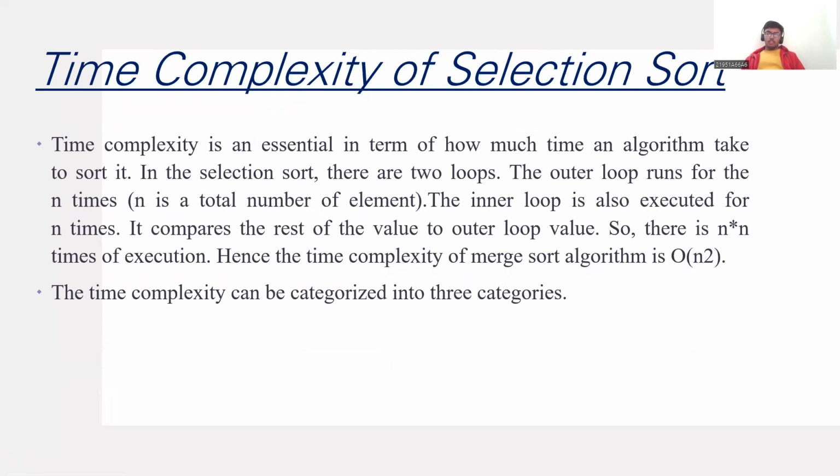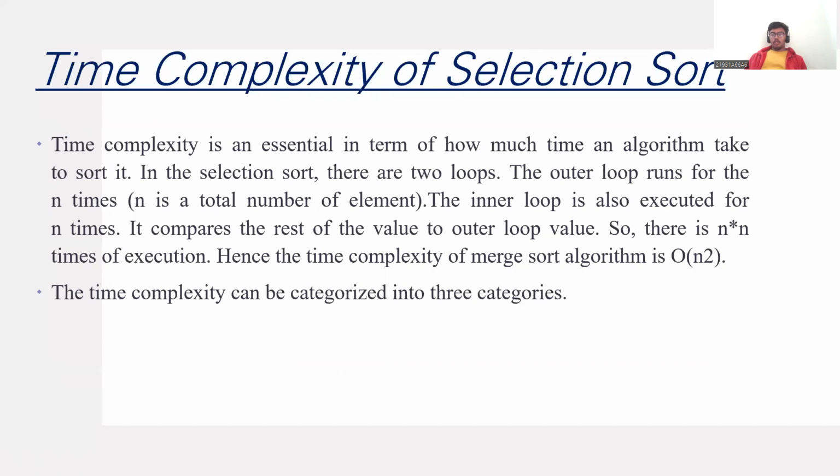Time complexity is essential in terms of how much time an algorithm takes to sort. In selection sort, there are two loops. The outer loop runs n times, where n is the total number of elements.